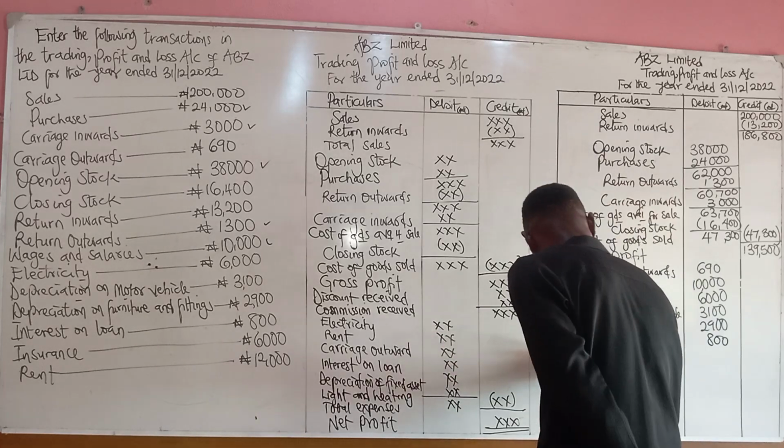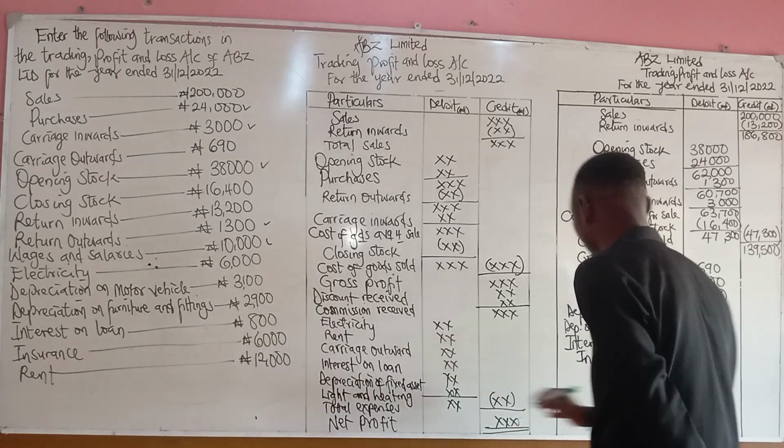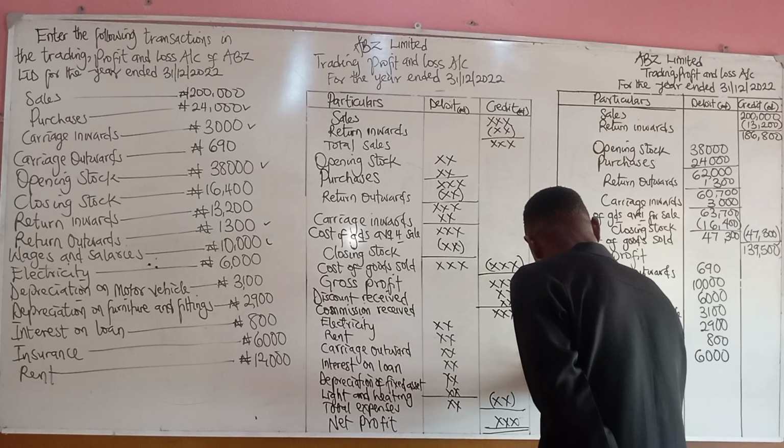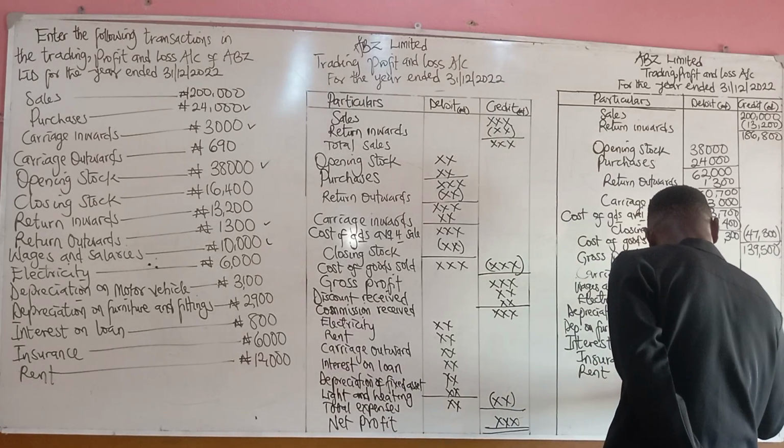Then I have insurance. Insurance is 6,000. Then I have rent. Rent is 12,000.